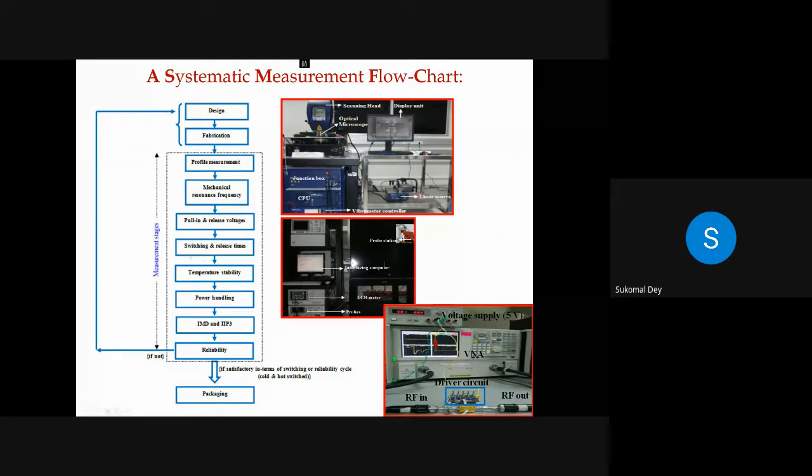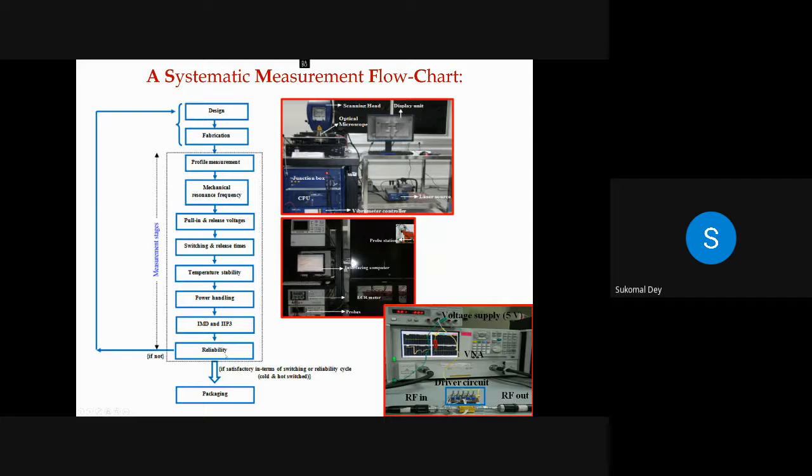Then it is the switching time and release time. Then what is the temperature that it can sustain? How much power can it handle? Then what is the linearity performance, like intermodulation distortion and third order intercept point? And after that, you have to check the reliability. Reliability is a very important parameter, because you don't want your switch to actuate 10 times.